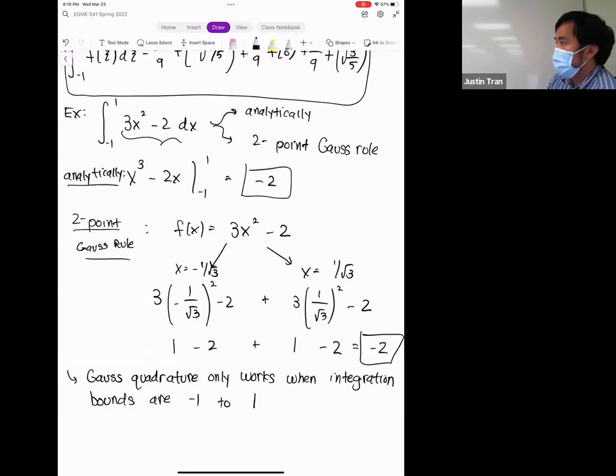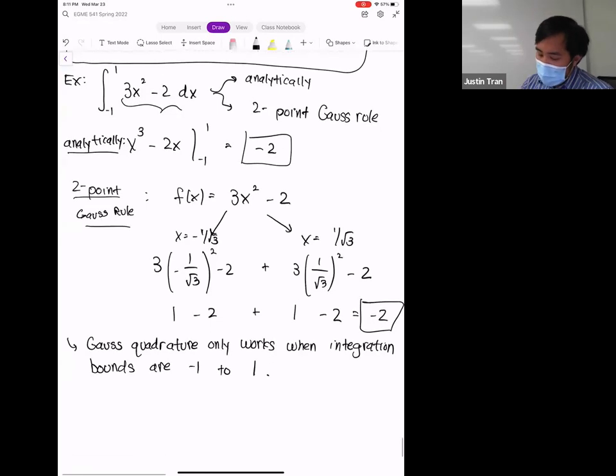And so that seems like a big weakness, right? Because we saw in the last example that we had a lot of integrals where we evaluated the integration from lots of different bounds. And so -1 to 1 is very restrictive.